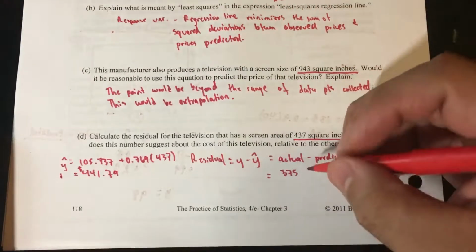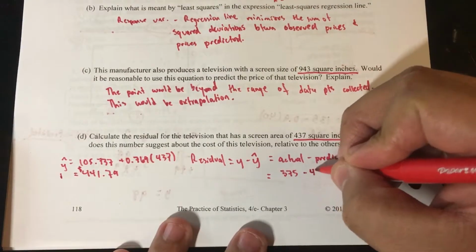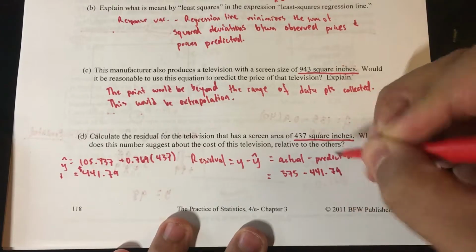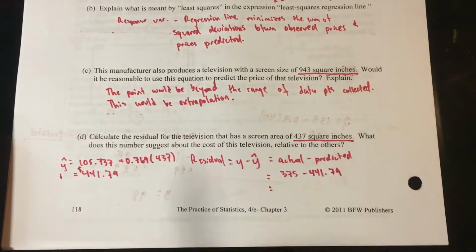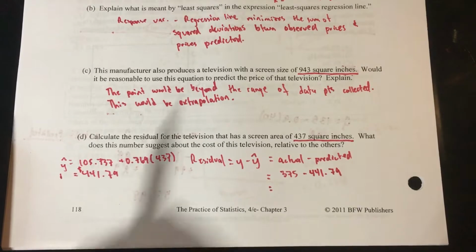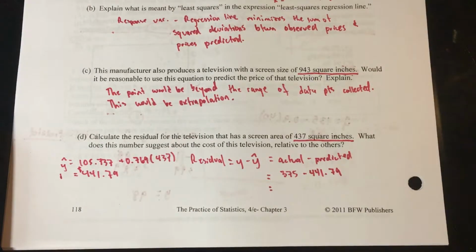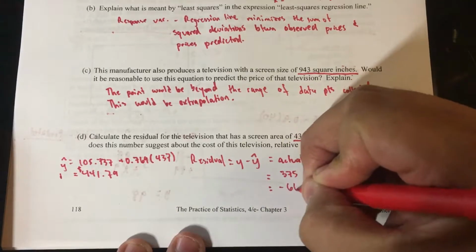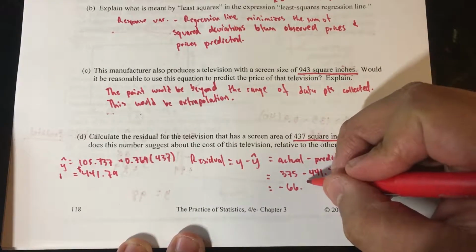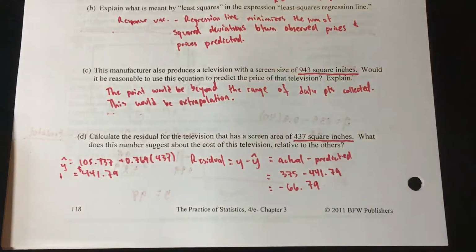So the predicted value was 441.79. So the residual here would be negative 66.79. So pretty big difference here.